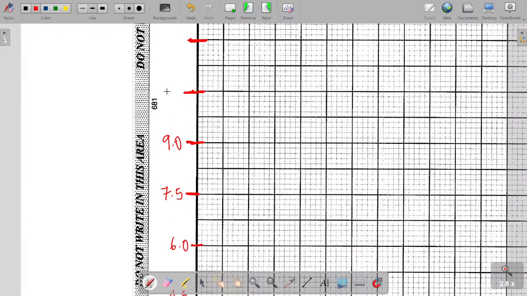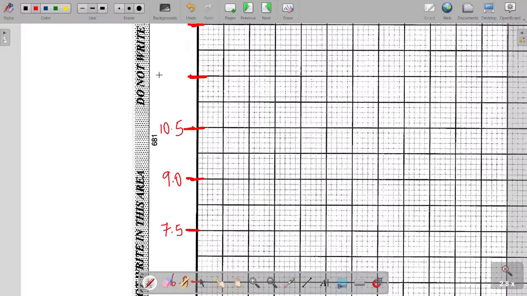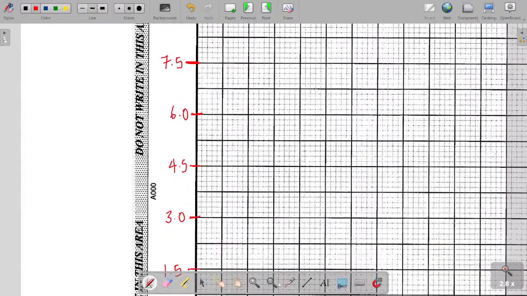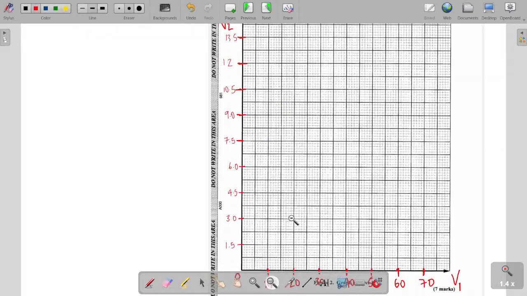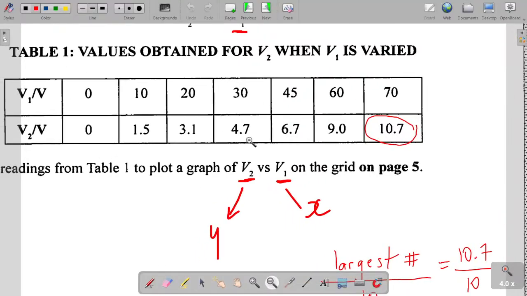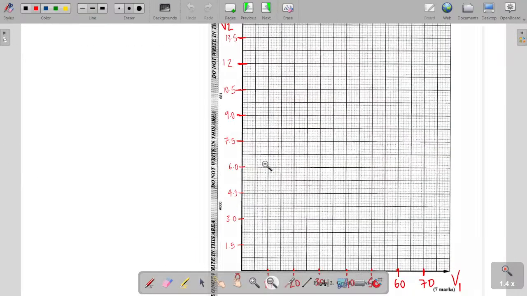Plus 1.5, that's going to be 10.5, and plus 1.5, that's 12. So that's 12 plus 1.5, that's 13.5. Now, using this, we know that all these values for y are able to hold on our y-axis.